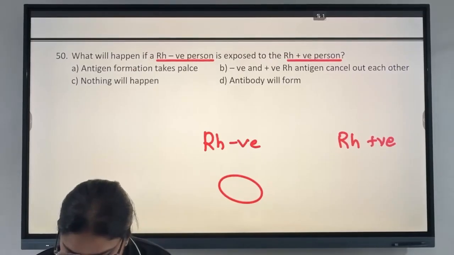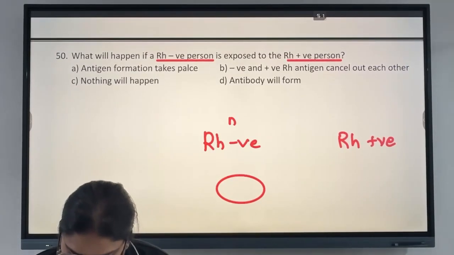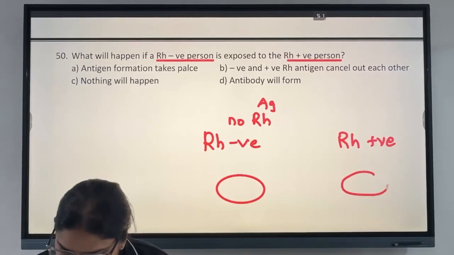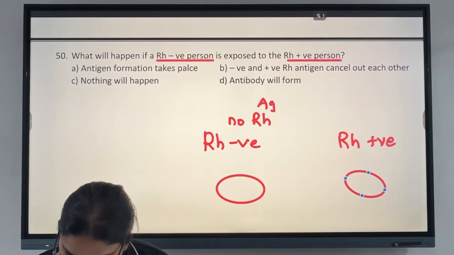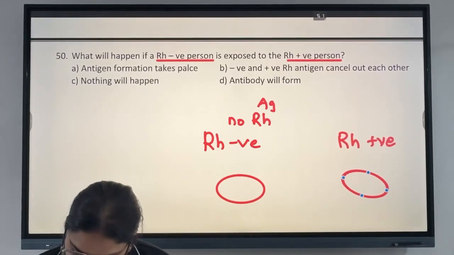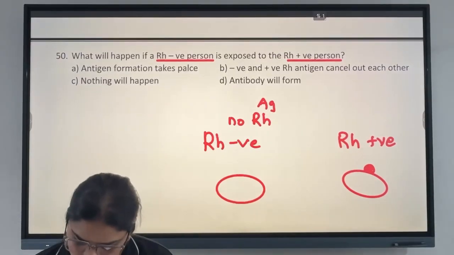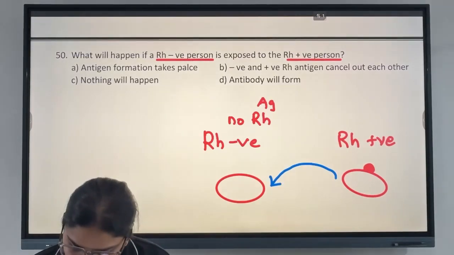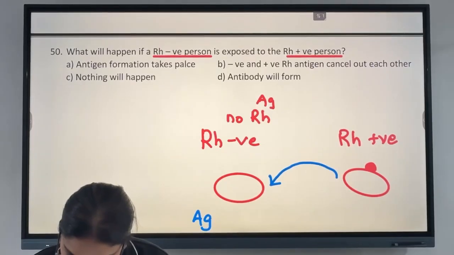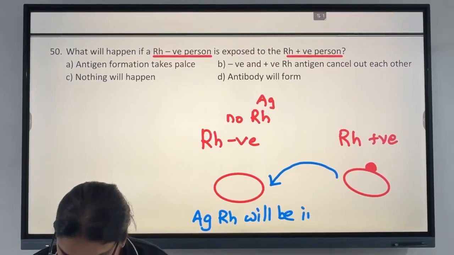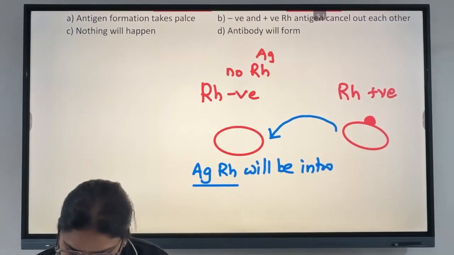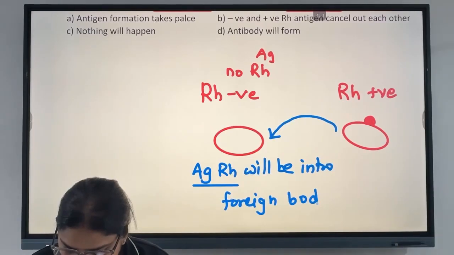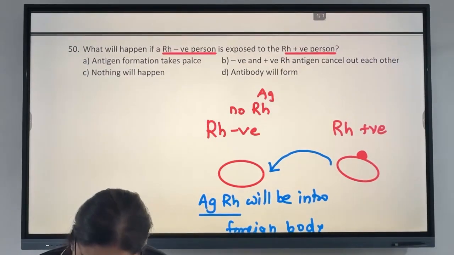The Rh negative person has RBCs with no Rh antigen, whereas there is Rh antigen present on the Rh positive person's RBCs. If the Rh positive blood enters the body of the Rh negative person, this antigen will be introduced and detected as a foreign body, and therefore immunity is going to produce antibody against it. So the answer is option D.